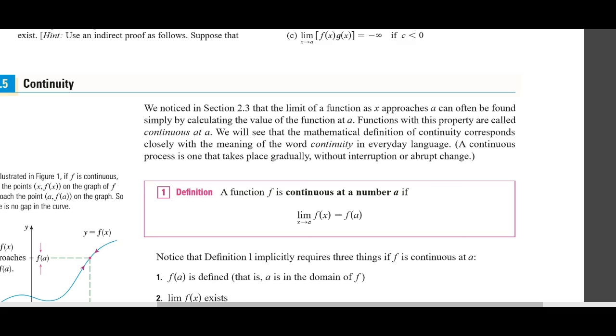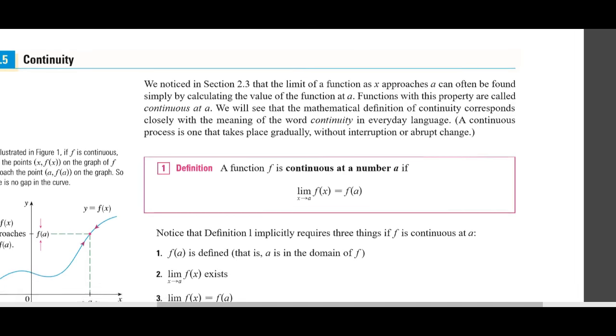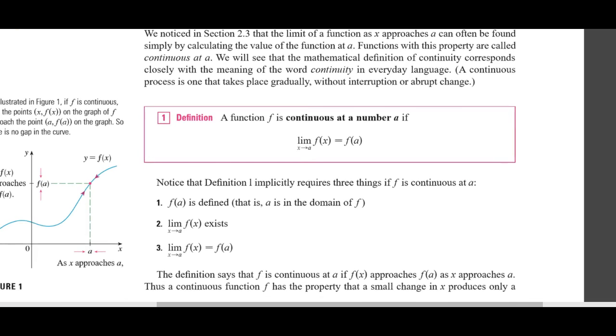Now, one thing that I want to point out is what it says after that. It says, notice that definition 1 implicitly requires three things if f is continuous at a. So what I would like you to do is to actually understand exactly what the definition implies as three conditions that each function has to satisfy in order for that to be continuous at a particular value of x.